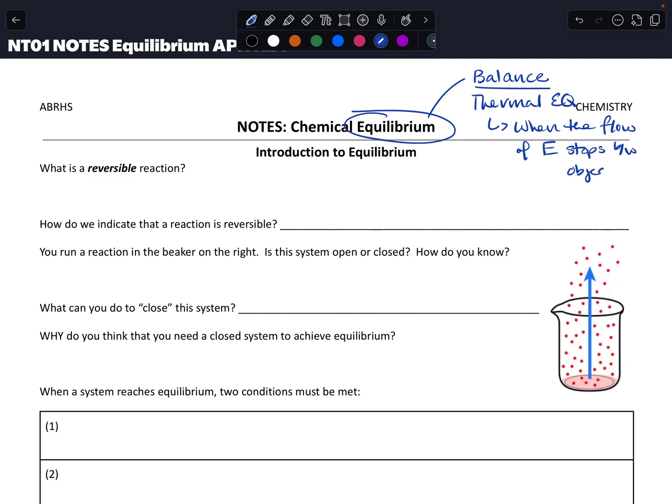We learned that that happens when the two objects have the same temperature. So basically, when the energies of those two objects come into balance, they reach a state of thermal equilibrium.